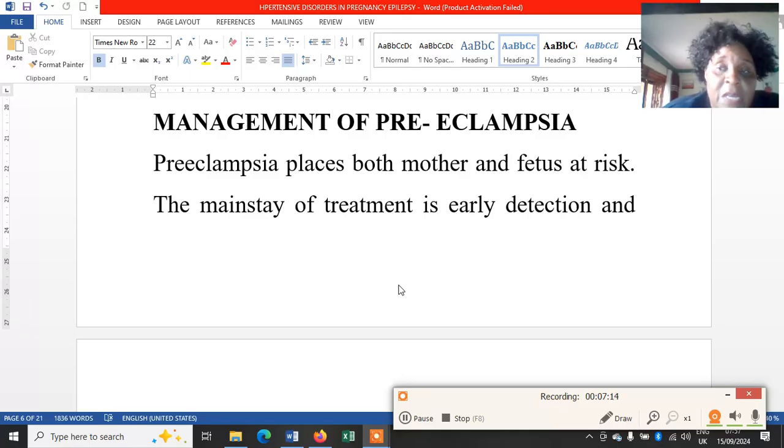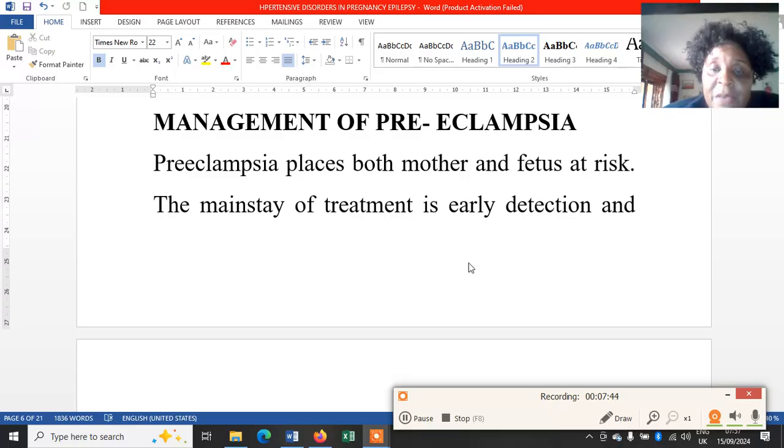But remember, chronic hypertension, this mother is on drugs, so we can evaluate her drugs and how they respond to her treatment. And if this mother has gestational hypertension without signs of pre-eclampsia, these mothers can be started on oral antihypertensive drugs.